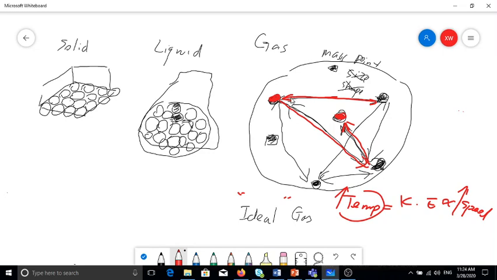So there will be much greater space between the molecules, which makes the size and the shape of the molecule itself even less significant. So when the temperature is high and the pressure is low, then we say this is closer to the real ideal gas. So that's the concept of ideal gas.